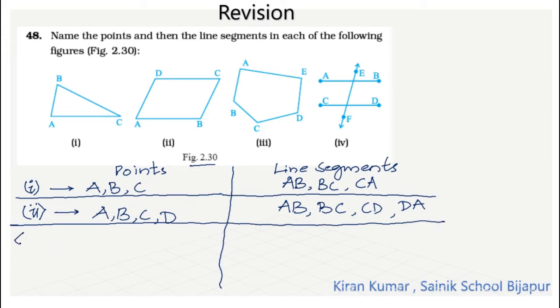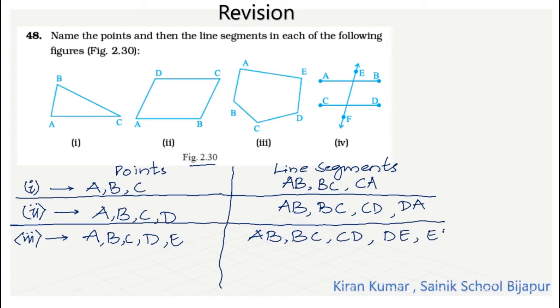For the third one, we have the points as A, B, C, D and E, and the line segments are AB, BC, CD, DE and EA. For the fourth figure, there are 2 lines which are parallel and getting intersected.